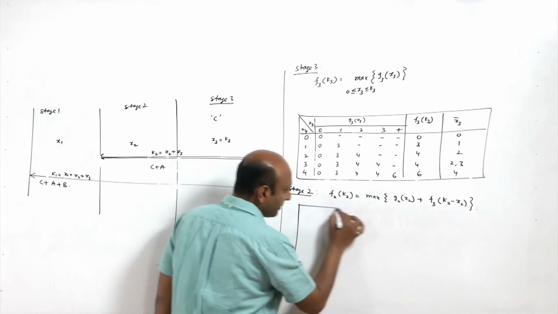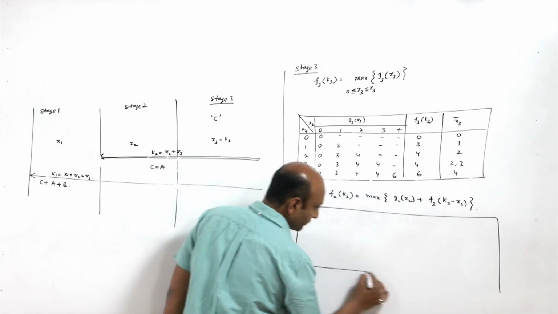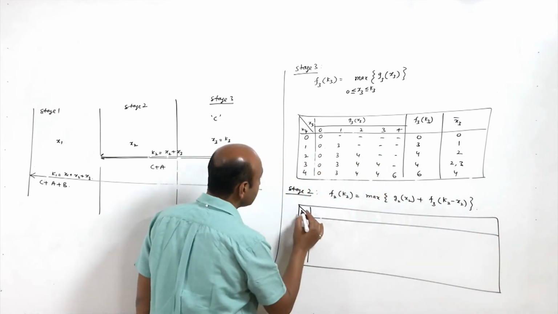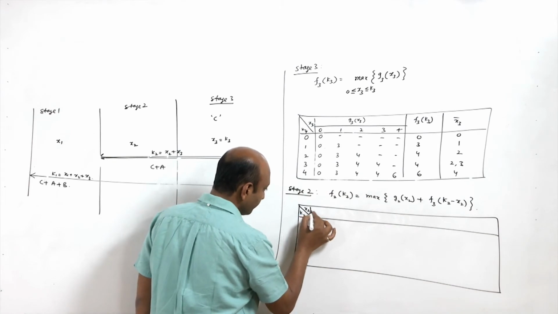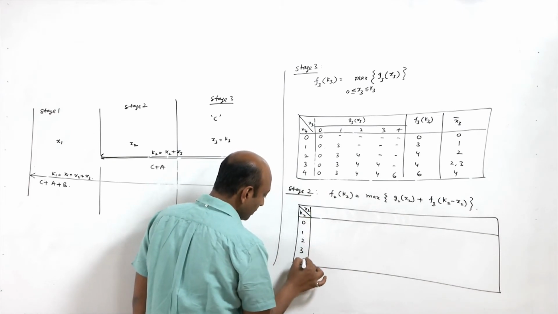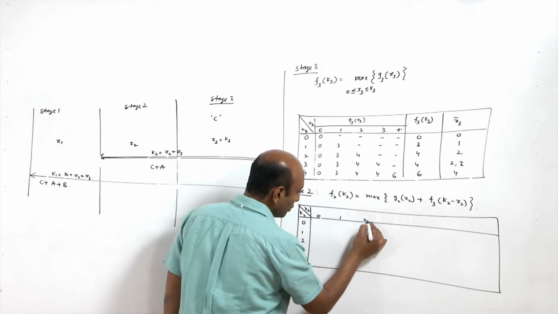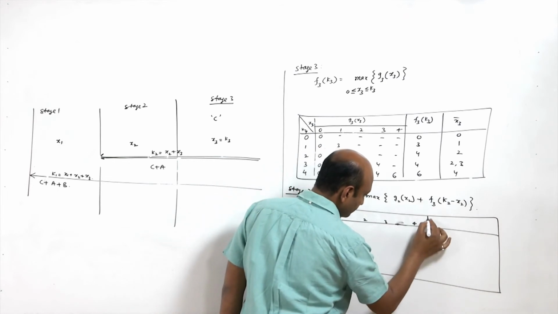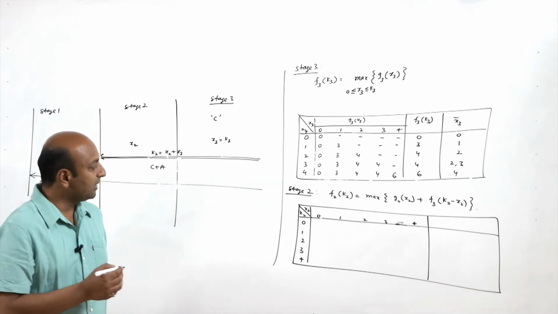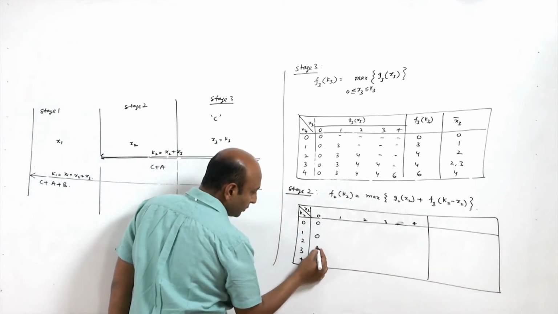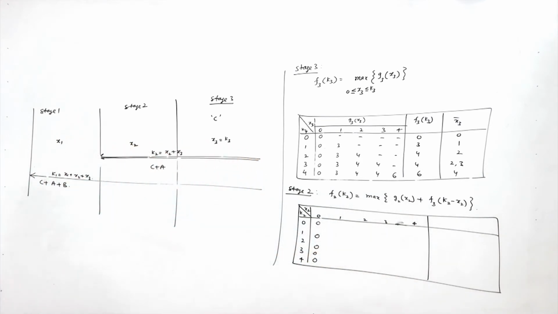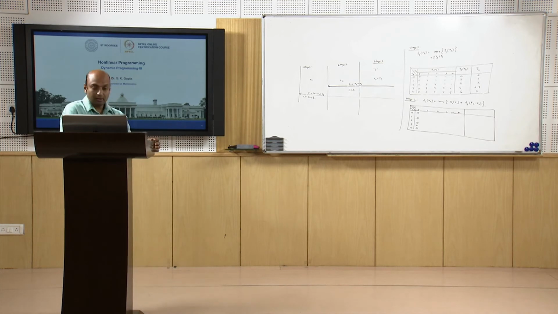So, again we will make the next table based on this. You see, it is K2, it is x2, K2s are 0, 1, 2, 3, 4, x2s are 0, 1, 2, 3, 4. Again for 0, the returns are 0, and if it is 1 and it is A, it is 1.